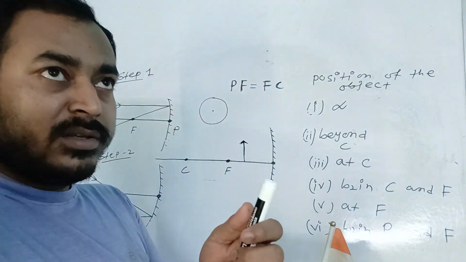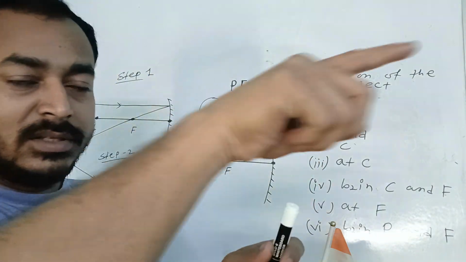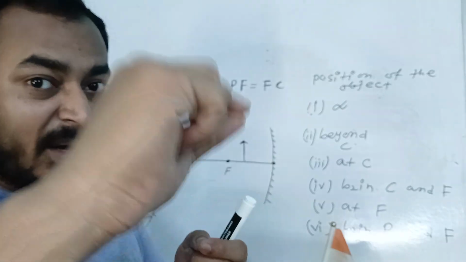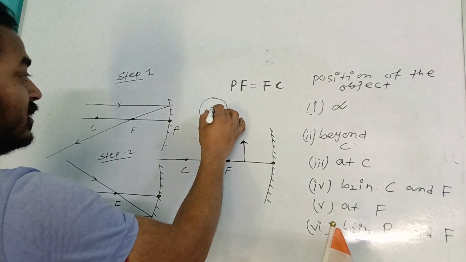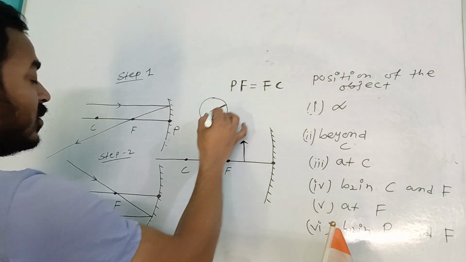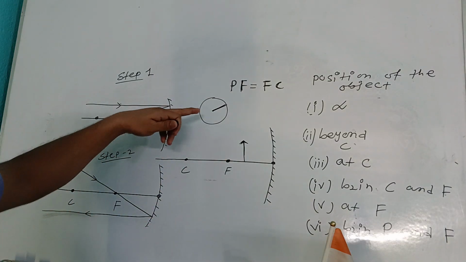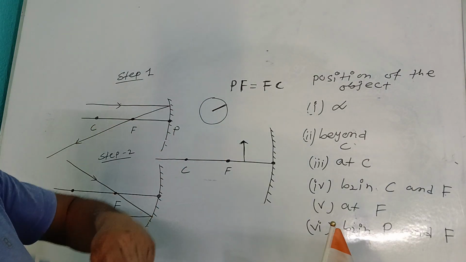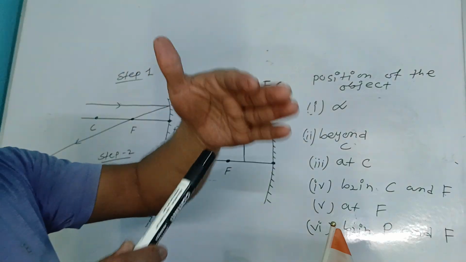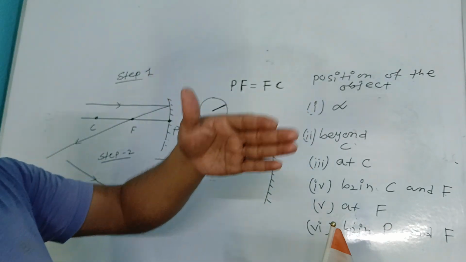It is moving in an upward direction or this direction, but it is a straight path. So this straight path is the normal. Clear now? Normal means this one making 90 degrees with the surface.